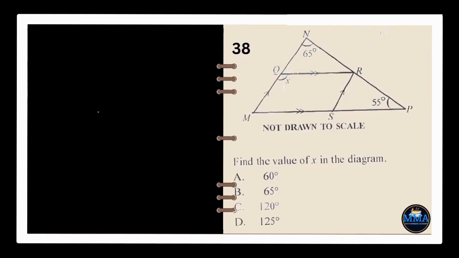Now here, this diagram is not drawn to scale. They say we should find the value of S in this diagram. All right, so now if I'm to solve this, I'll pick up a line.